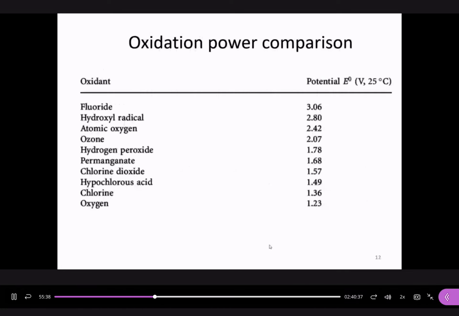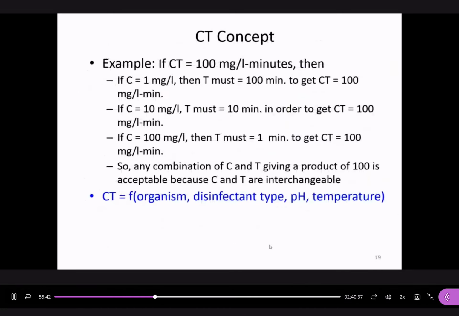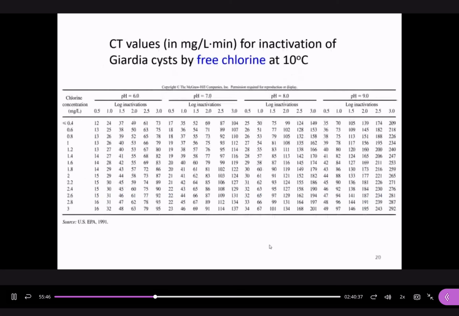Where should we find the information? Here, right? The table. Giardia cysts, pH 7, 3 log. What is the concentration? 2. So 124. 124 is the CT value you need to achieve 3 log inactivation of Giardia cysts at 10 degrees Celsius under pH 7. Okay?